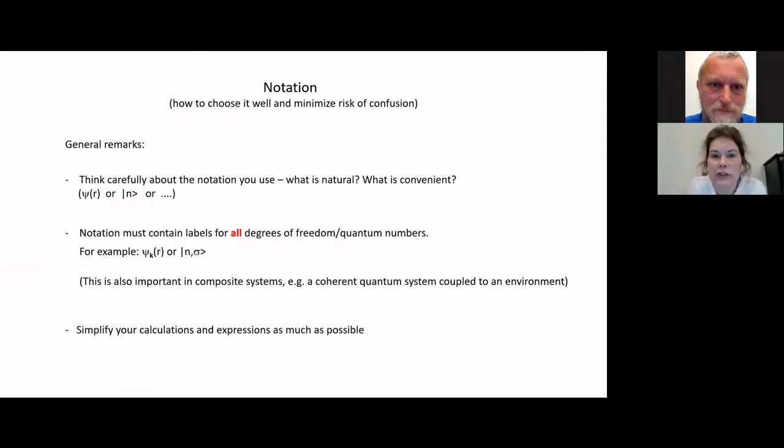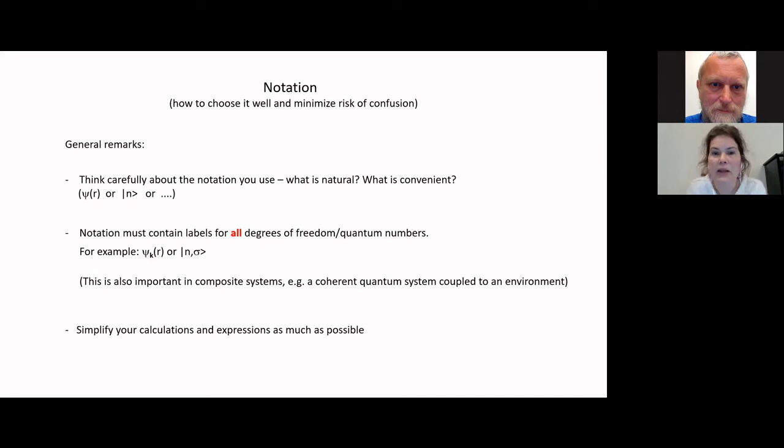So there could, for example, be psi of k. If the particle contains spin, then just having n is not sufficient. You must also include a sigma, the conventional symbol for spin. So you'll have Dirac notation and a ket that contains both a label for the level n and also for the spin sigma.